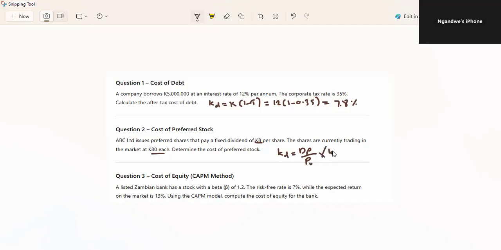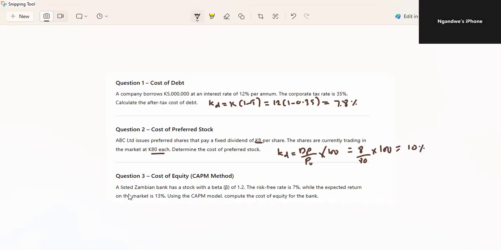So how much dividend was paid? 8 kwacha. Then what is the current selling price? 80 kwacha. So you divide that and multiply by 100. It's giving me 10. 10% is your cost of preferred stock, as simple as that.